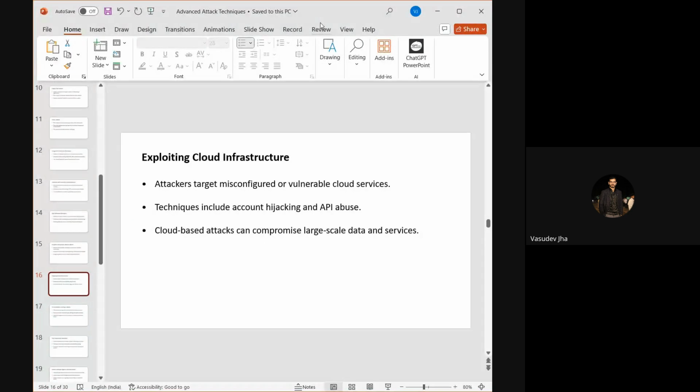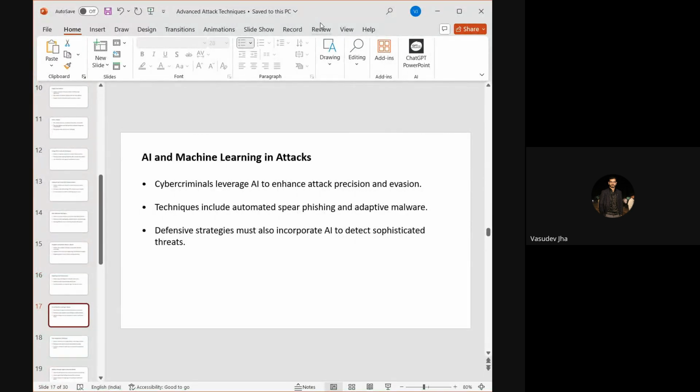Now, this kind of attack can happen on cloud infrastructure, and we have AI and machine learning in attacks. Look, AI is a technique which can boost up your work. If anyone has good hacking skill, with the help of AI, he can boost his work.